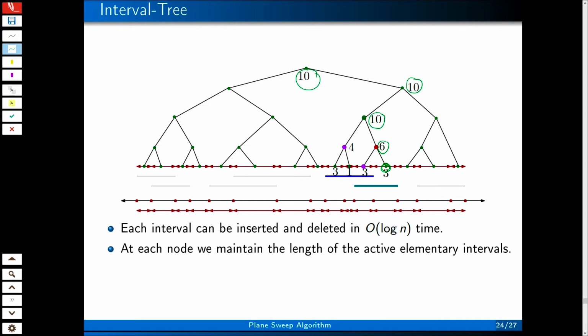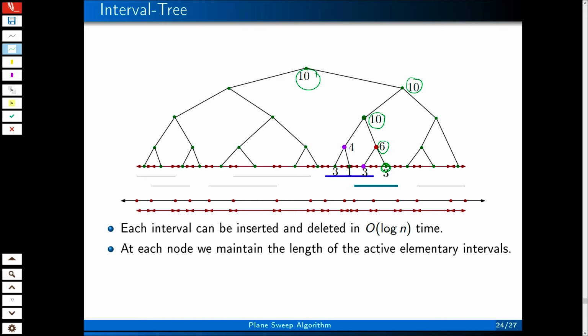Log n changes. For one vertex I am making log n changes. How many vertices is each interval represented in? Log n. So how many changes do I have to make? Log square n. In log n vertices an interval is stored. When I change one vertex, I have to make log n changes because I have to propagate the value till the root.